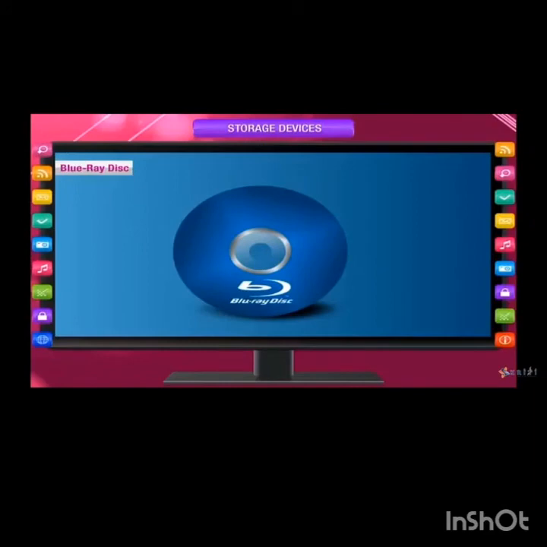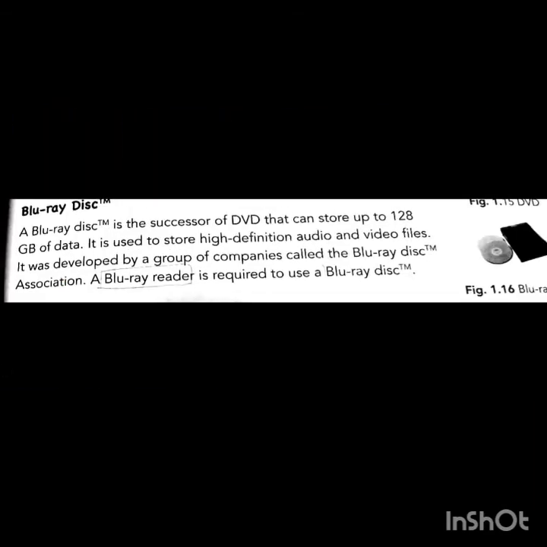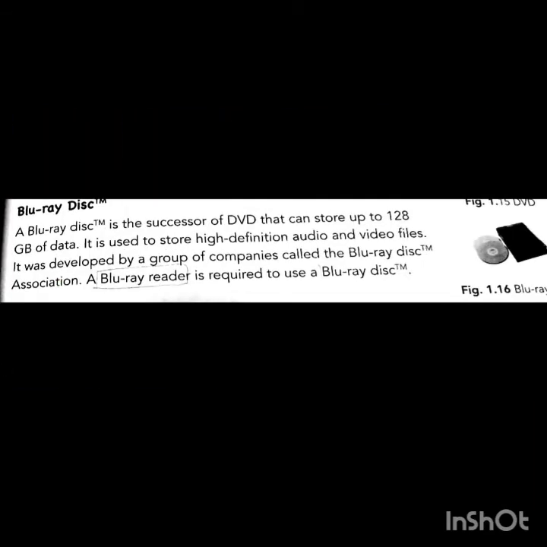Now the next we have is Blu-ray disc. A Blu-ray disc is the successor of DVD that can store up to 128 GB of data. We have studied about CD, we have studied about DVD, and we are now on the Blu-ray disc. That means it has a higher capacity to store data, up to 128 gigabytes. It is used to store high definition audio and video files, like HD audios and videos.